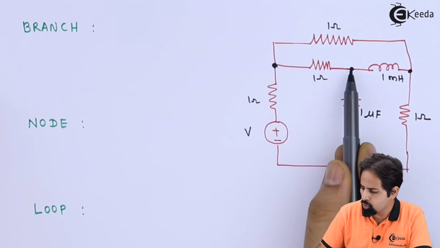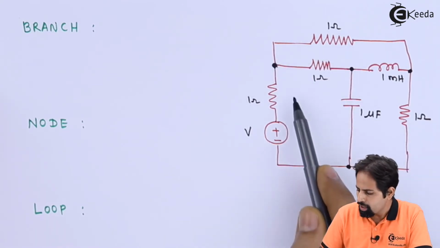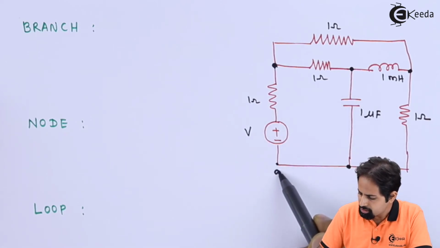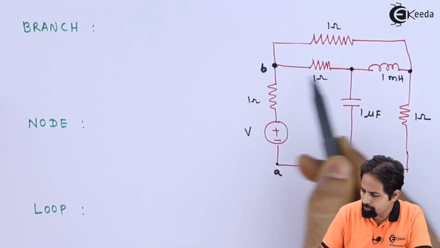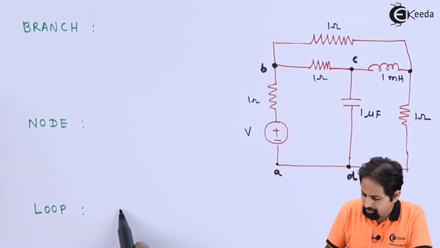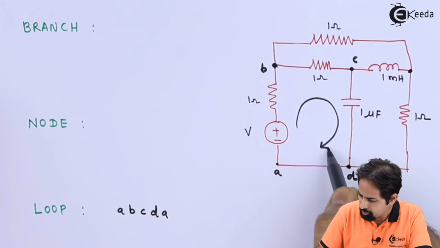So we know what is a node, we know what is a branch, then what is a loop? You can see here, if I call this point small a, this small b, small c, and small d, and if I go a, b, c, d, a, that means I go like this.